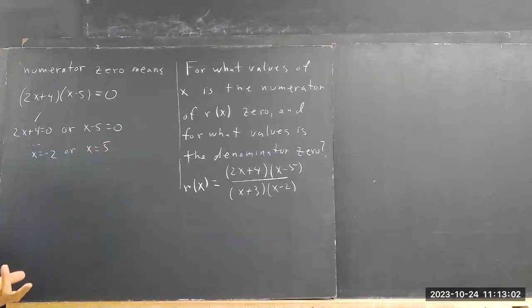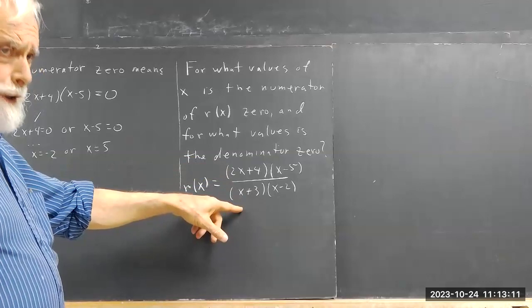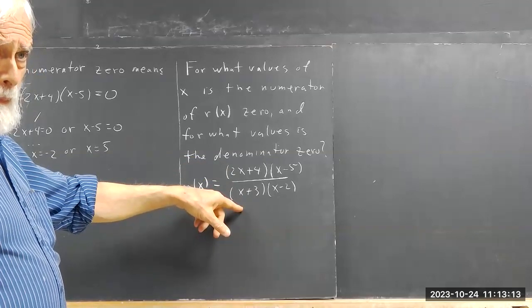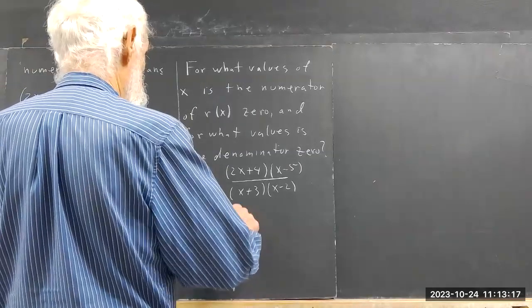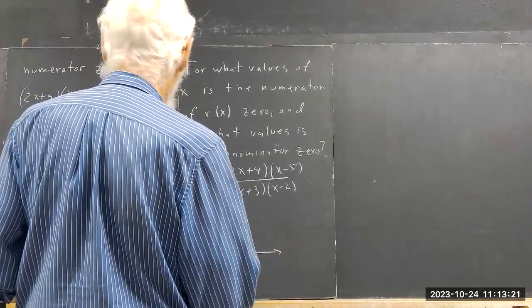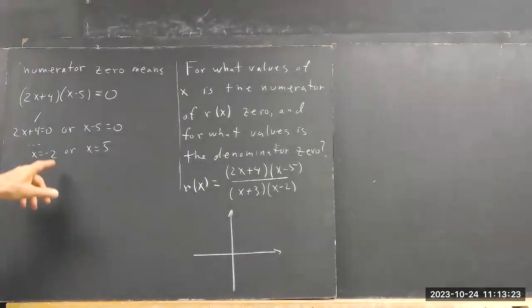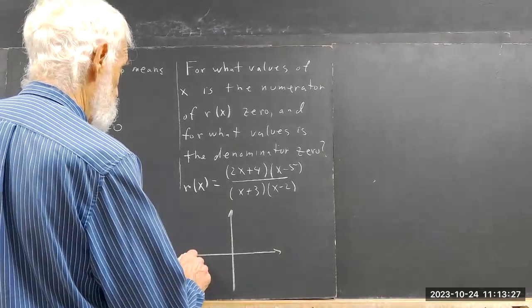Now that gives us some information about the graph, doesn't it? Because if the numerator is 0, then as long as the denominator isn't also 0, the whole thing is 0. If the numerator is 0 and the denominator isn't, we're going to get 0. This tells us that at x equals -2 and x equals 5, we have to go through the x-axis.